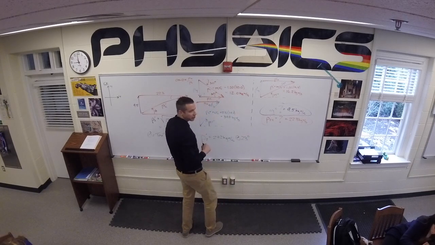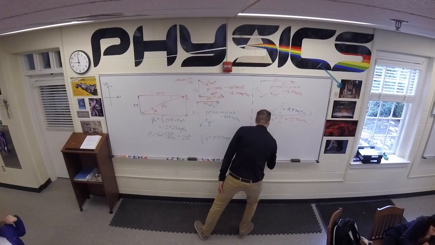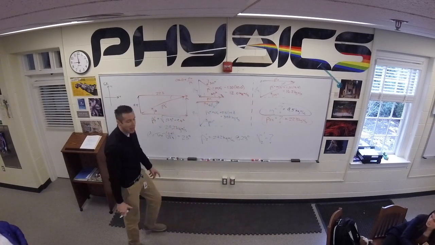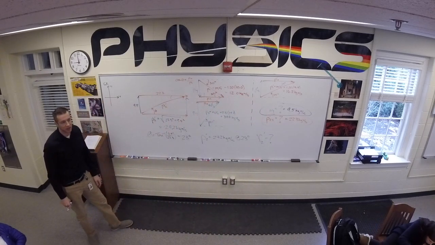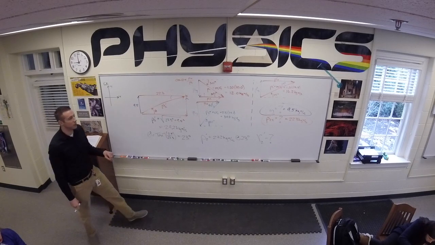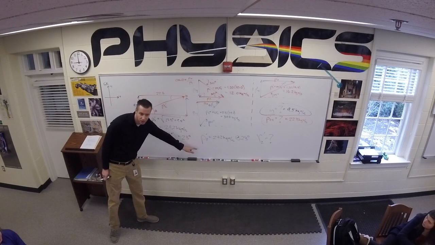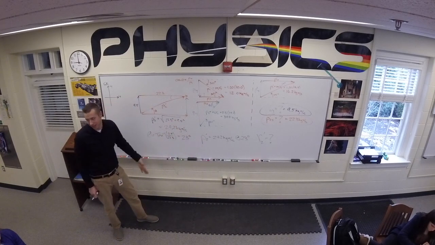But that's not what was the original question? V2 prime. How do we find V2 prime based on P2 prime? 24.2 divided by whatever its mass is. We are not done until we divide by the mass, because the question wasn't what is the momentum, the question is what is the velocity.